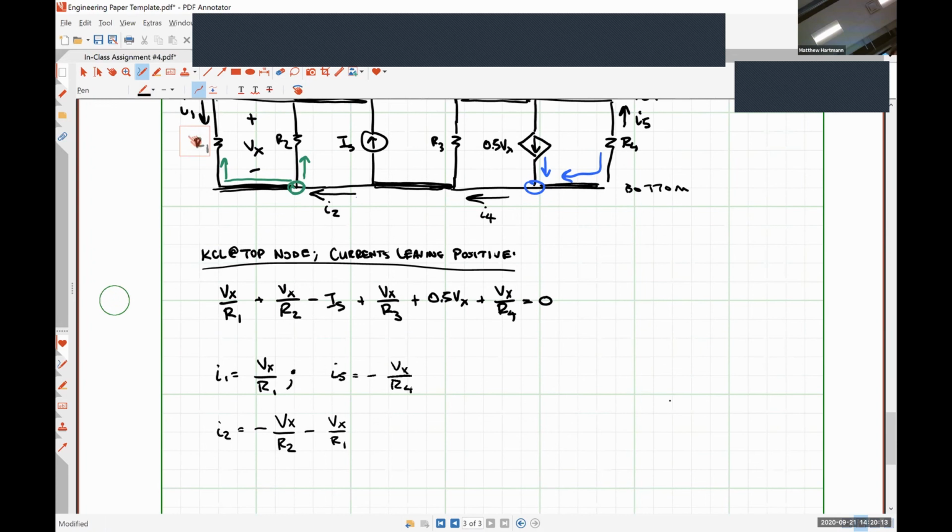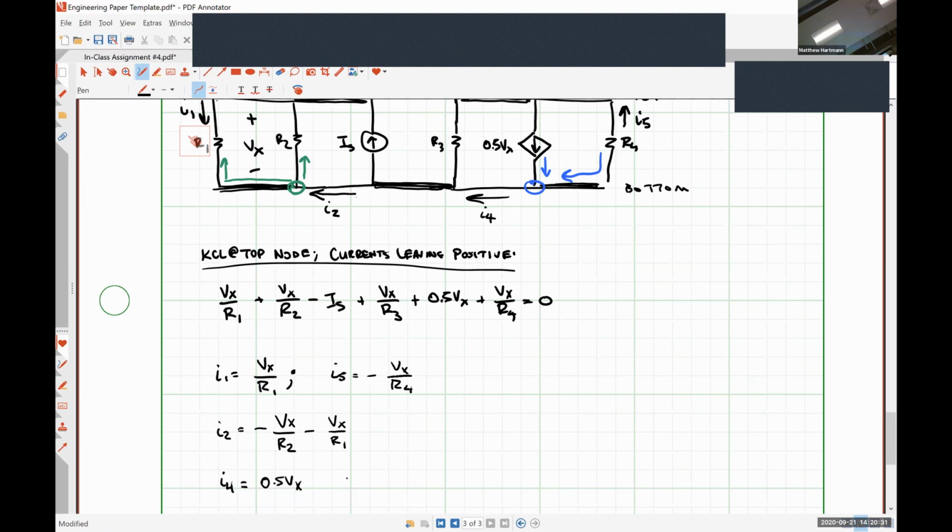So we would have I4, the current that's leaving, is equal to the current flowing down through the dependent source, which is what? 0.5 Vx, all right.